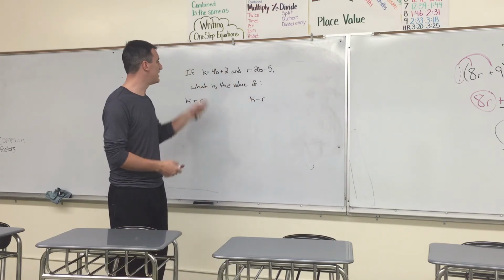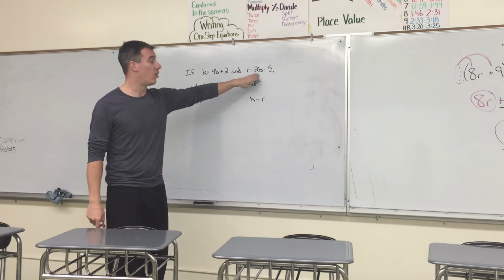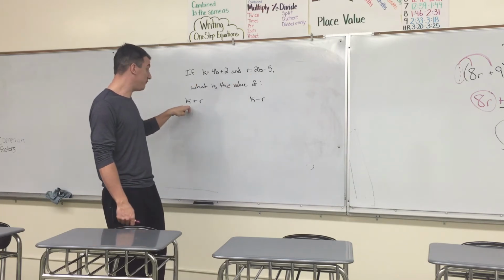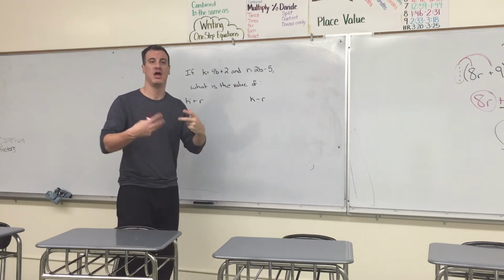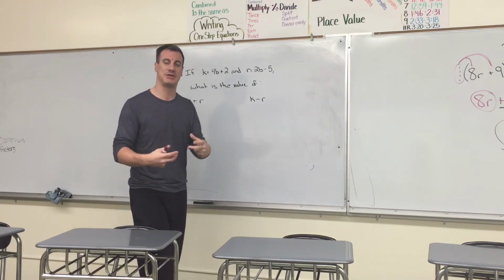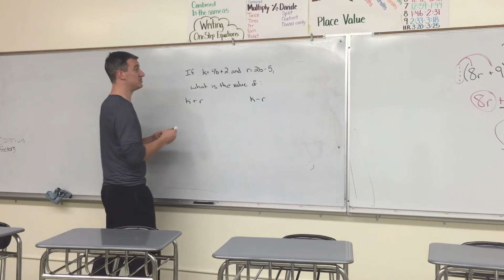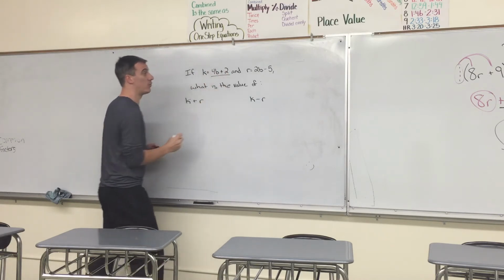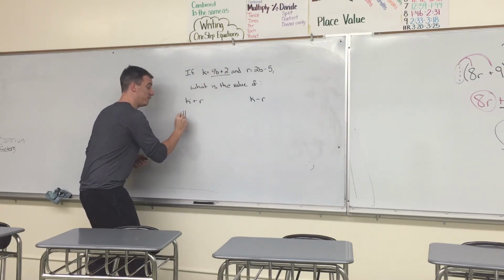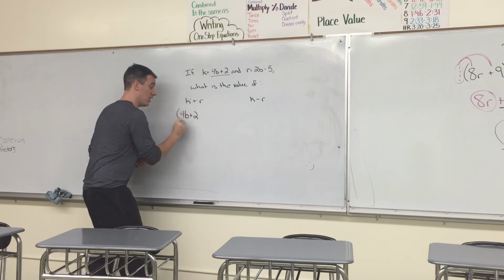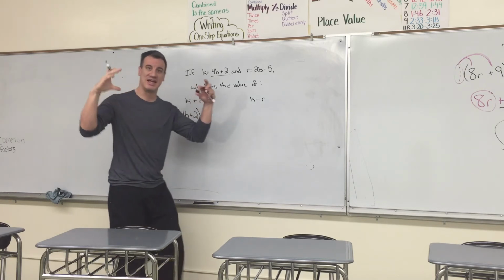Just like we would if that said k equaled 4 and r equaled 2, it'd be 4 plus 2, 4 minus 2. It's the exact same idea. I substitute exactly what I have. So k plus r. Well, I know k is 4b plus 2. So I have 4b plus 2. And I'm going to group this because it is a group.